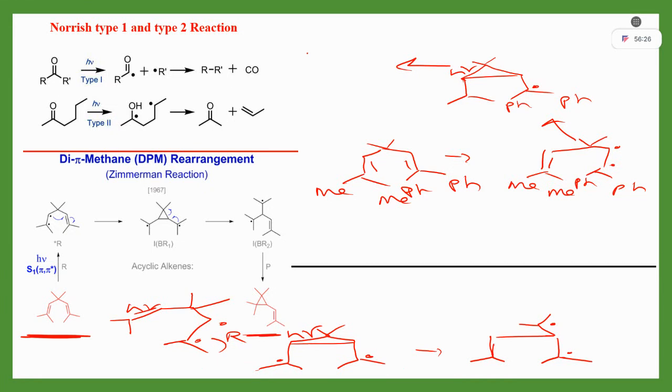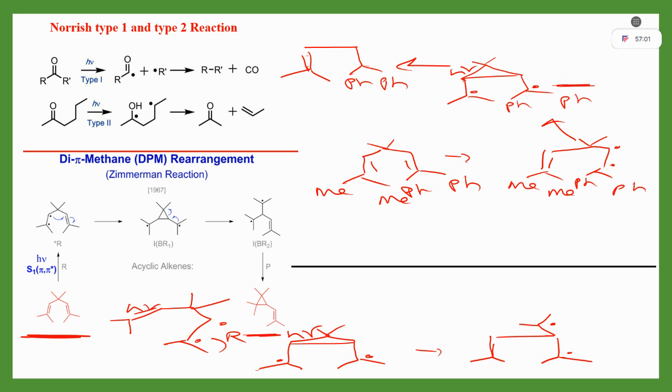The reason or logic behind it, I will tell you. See, if you break this bond, it will leave a radical here. Also, if you break this bond, the radical will come here. But of these two radicals, this radical is relatively more stable, yes or no?